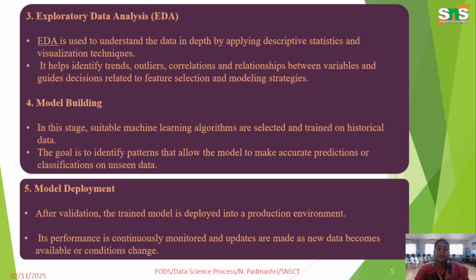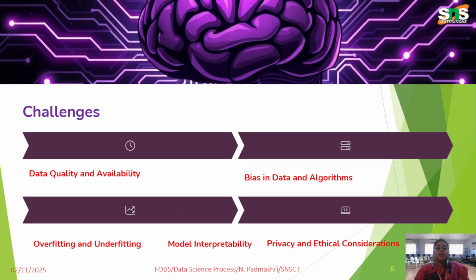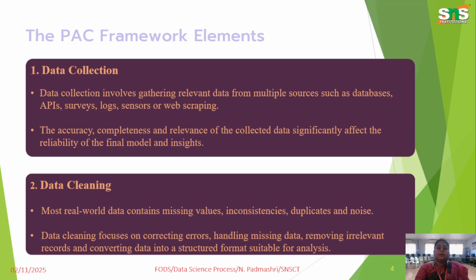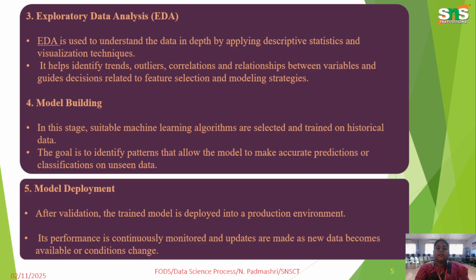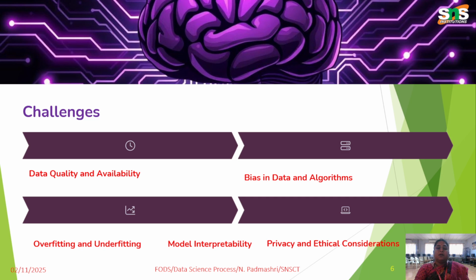This is the final deployment of the model, the fifth stage. These are the very important steps of the data science process: data collection, data cleaning, exploratory data analysis, model building and model deployment are the five stages.